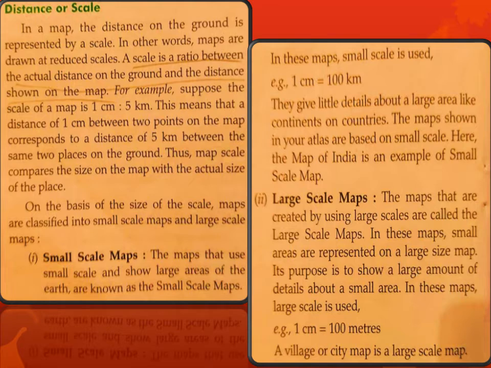In these maps, a small scale is used, like 1 centimeter equal to 100 kilometers. These maps give little detail about a large area like continents or countries, because 1 centimeter is showing approximately 100 kilometers of area, so you can understand it will give very little detail about that area.